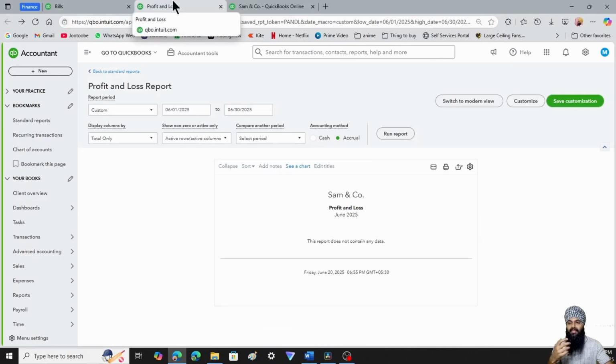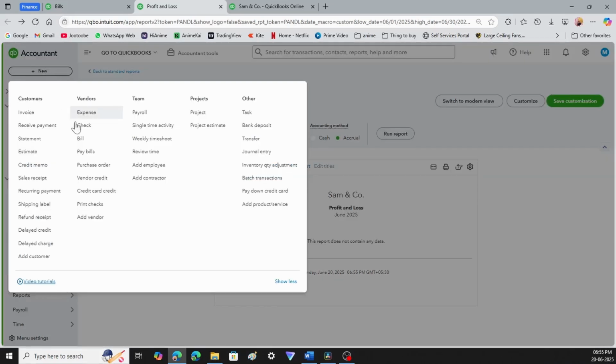Let's create a new transaction. In this transaction we will raise a bill that will help you to understand the linkage of transaction between profit and loss account as well as balance sheet, right? Let's create a bill. Under new, a bill.